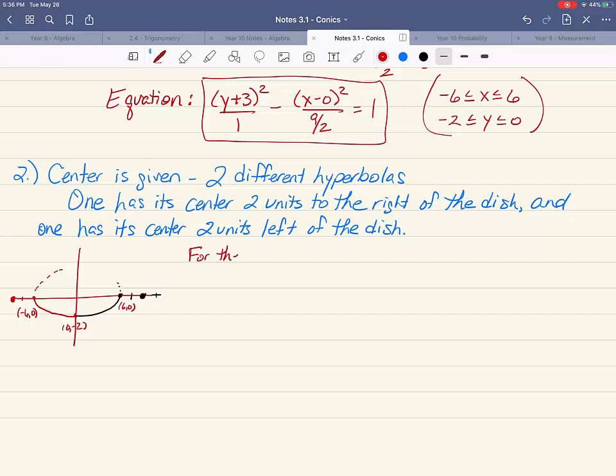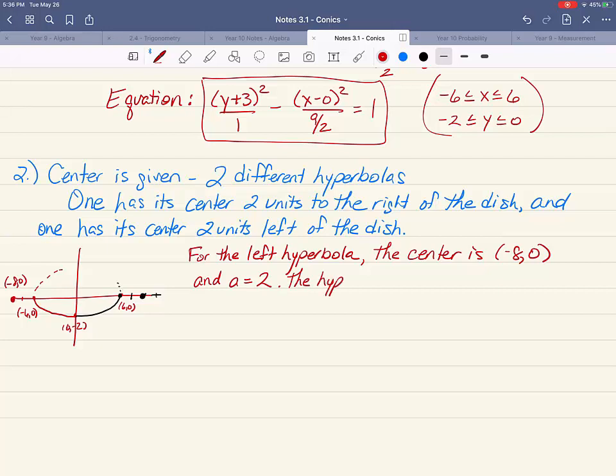For the left hyperbola, which I need to specify, the center is what? If it's 2 units to the left, I need to label this point. This is (-8, 0). What value is a? Remember that a is the distance from the center to the curve, so in this case, a is 2. The hyperbola is horizontal.